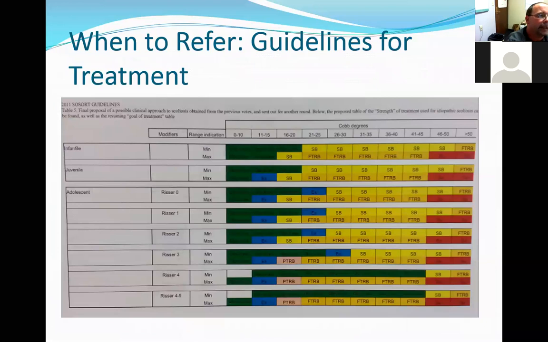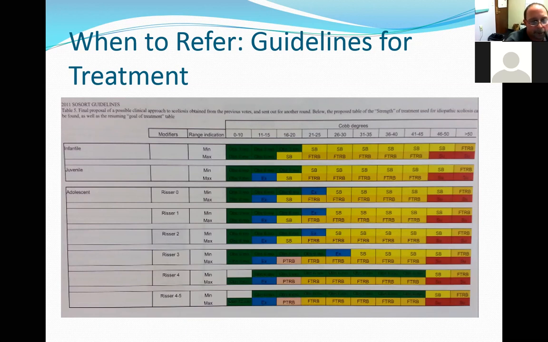This is a guideline I use from SORT. This was from 2011. I have this after going to one of the courses. This is something they give us that helps us to recommend treatment and so forth. So I kind of just use that. You can look at that later and see how that's written up. You have your infantile, juvenile, and adolescent, and then your different Cobb angles there and your modifiers, and you see your Risser sign.